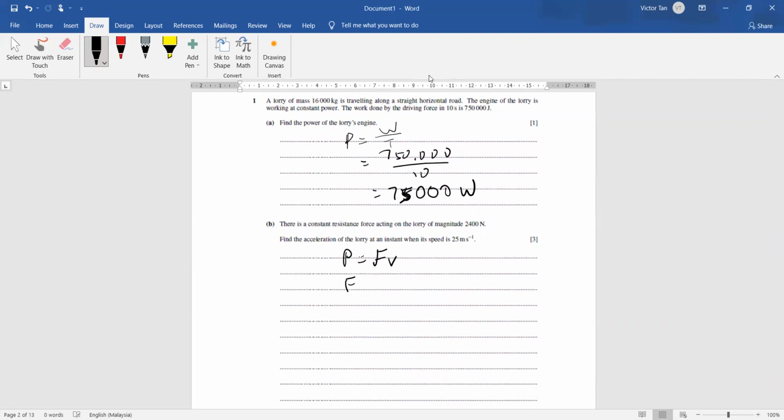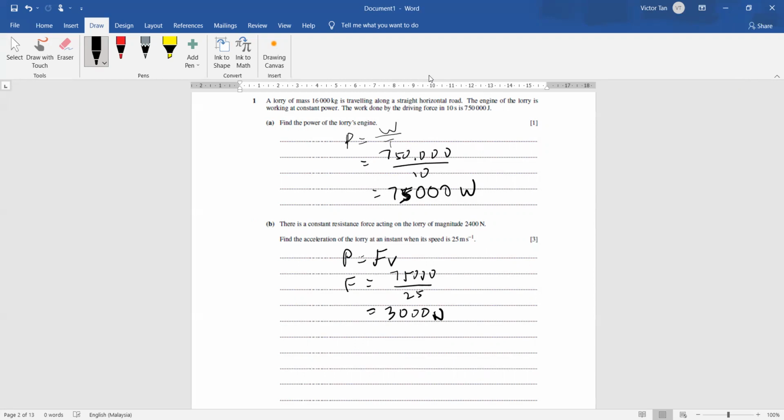So the driving force is your power, which is 75,000 over velocity 25, which will equal 75,000 divided by 25. So 3,000 newtons.